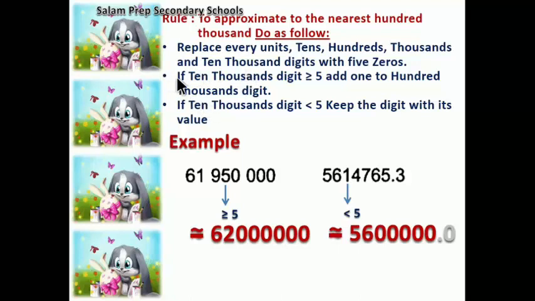The second one, if the 10,000s digit is greater than or equal to 5, add 1 to the 100,000s digit. The third one, if the 10,000s digit is smaller than 5, keep the digit with its value.